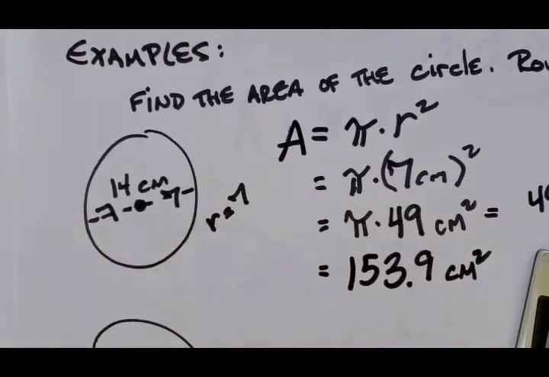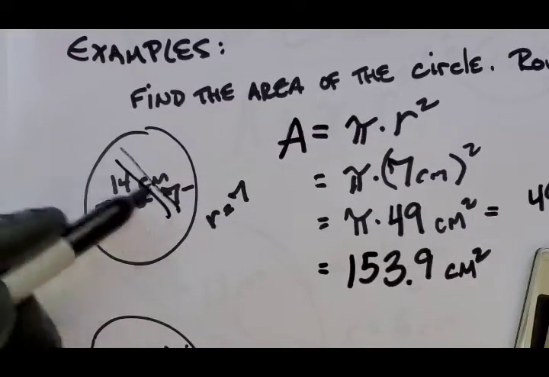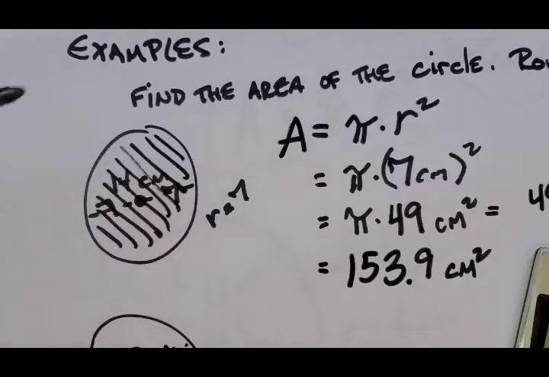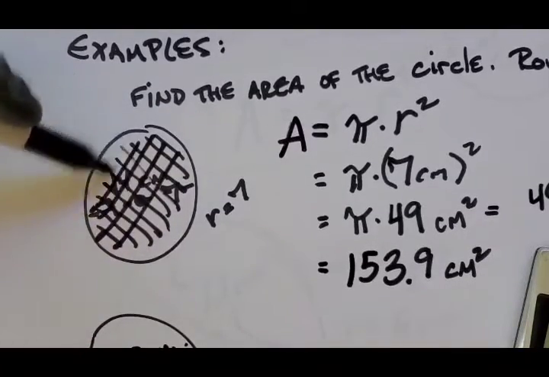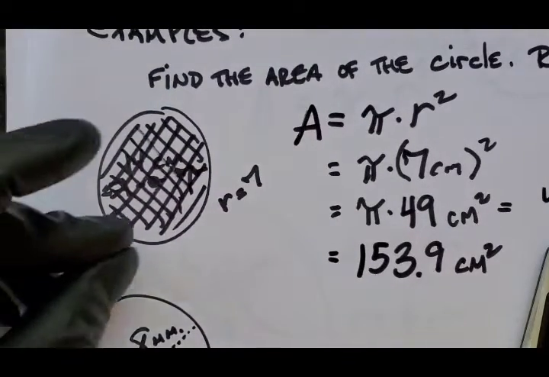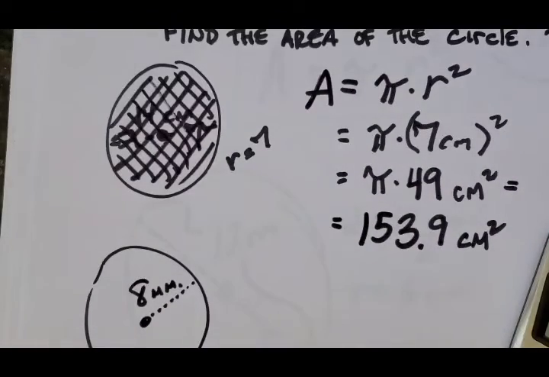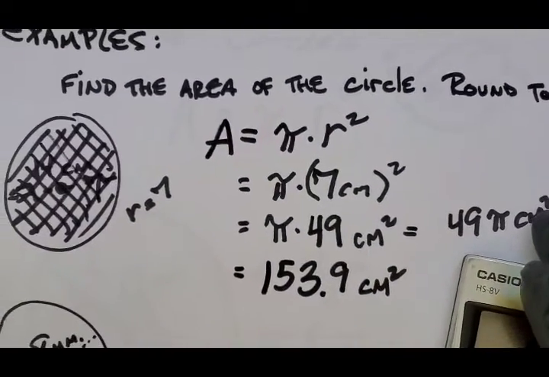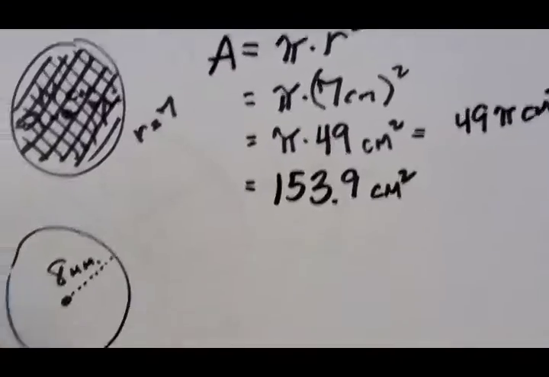Okay? Because even for circles, every shape, area is always square units. So if you can imagine, this circle right here would have 153 squares that are centimeters by centimeters, like graph paper squares. Okay? So that's one example. Finding the area of a circle when given the diameter.